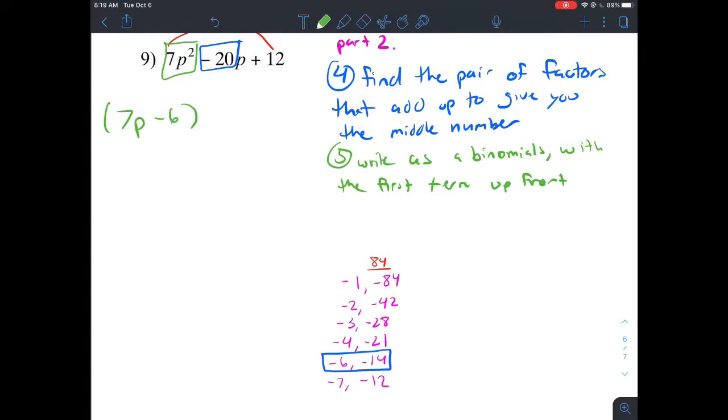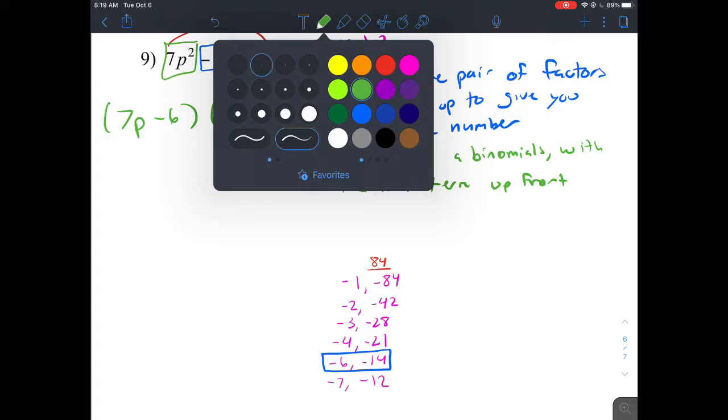All right, so what do I mean by that? You're going to do 7p, then we're going to do minus 6, then we're going to do 7p minus 14.